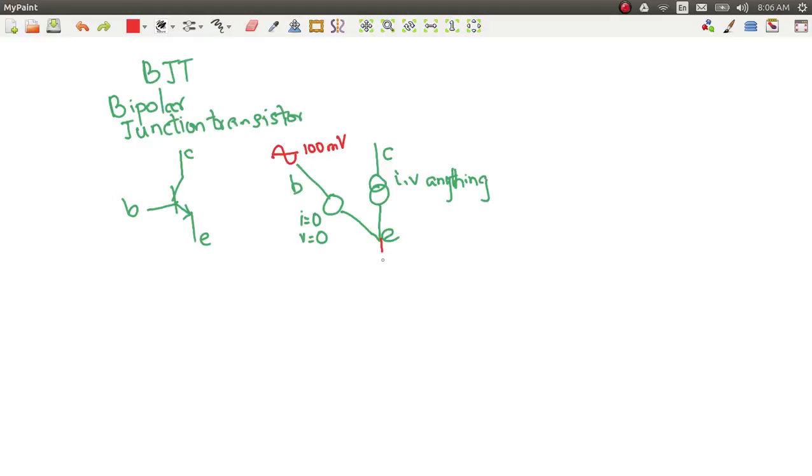so we are going to modify this model with a resistor we will call R emitter, so RE, and then call this the emitter, and not this one.